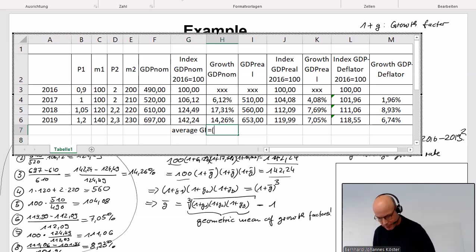This would be then 1 plus first growth rate times 1 plus second growth rate times 1 plus third growth rate, the third root, and I need a bracket just here, and this one, and minus 1, thank you. And this is then percentage 12.46.